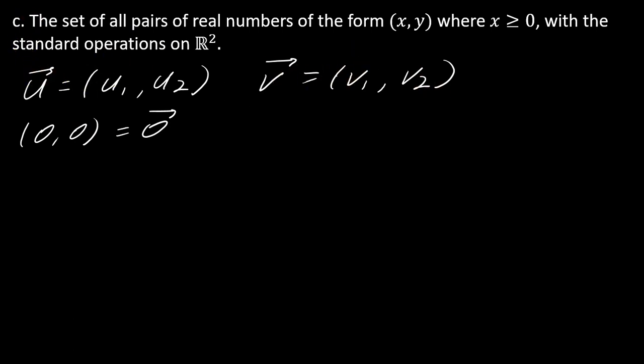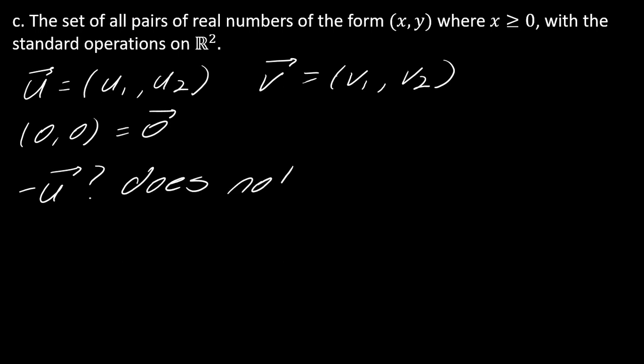The issue is, what would my negative u be? Because if this is a positive number, I need a negative u to get a 0 with this. So there is no negative u.